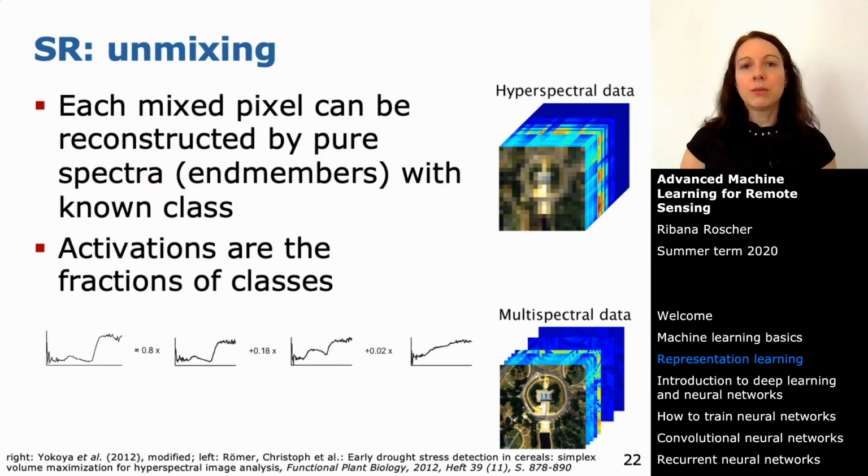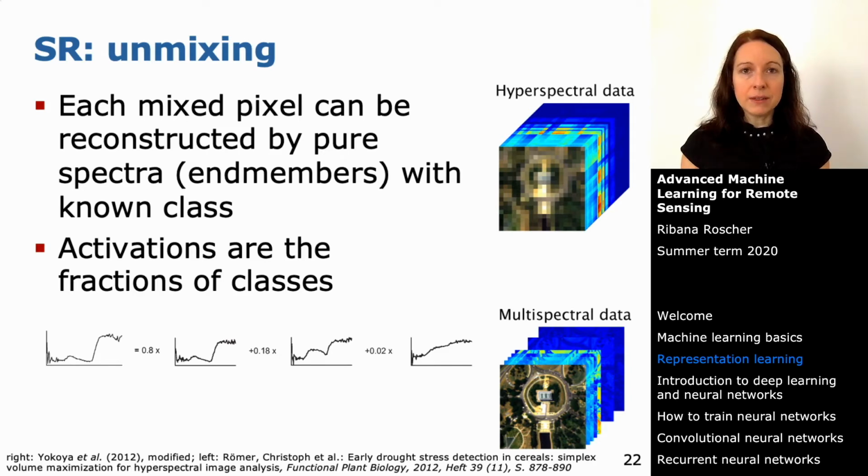So in the context of remote sensing, you can find the principle of sparse representation when you have a look at unmixing. So when you think of hyperspectral data and multispectral data, you will see that if you compare both of them, hyperspectral data has a higher spectral resolution, but a lower spatial resolution in comparison to multispectral data.